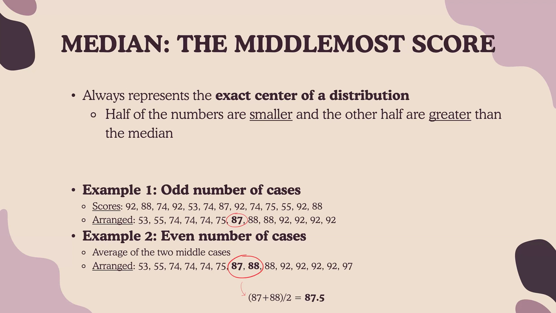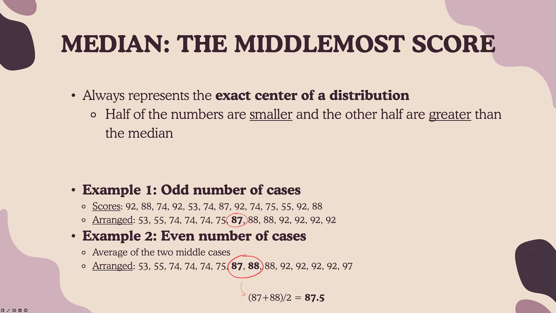And if we want to order the values, we need to have a level of measurement that can be ordered, that is at least ordinal. The median always represents the exact center of a distribution, such that half the numbers are smaller and half the numbers are greater than the median.